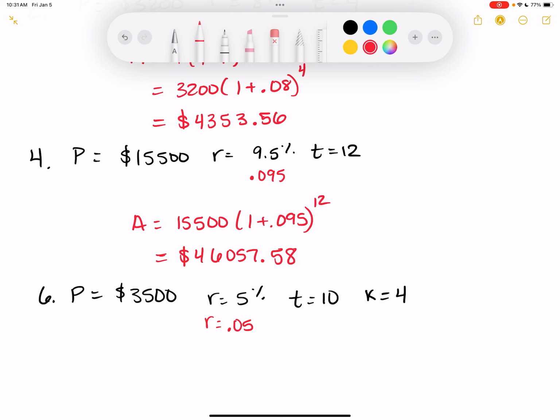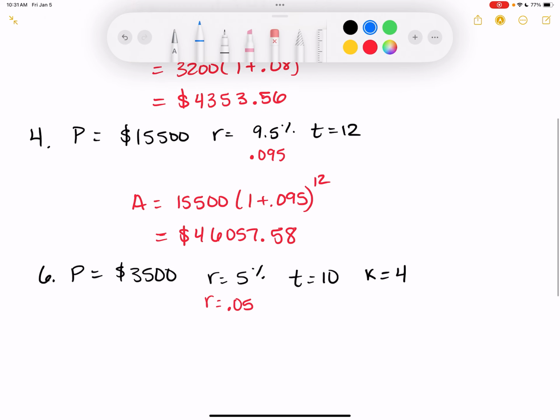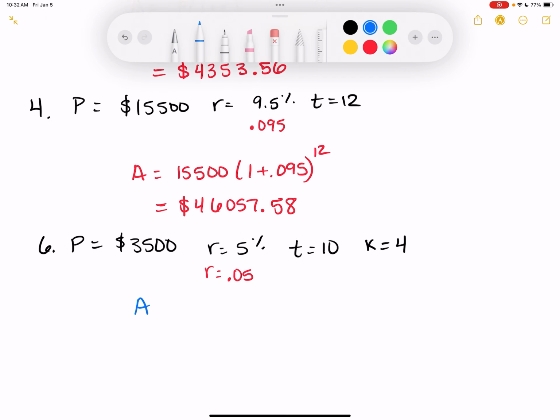So the formula for this one is A is equal to P times 1 plus R over K, since we have K times per year, raised to the KT.